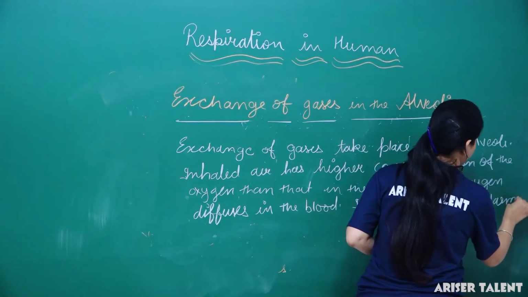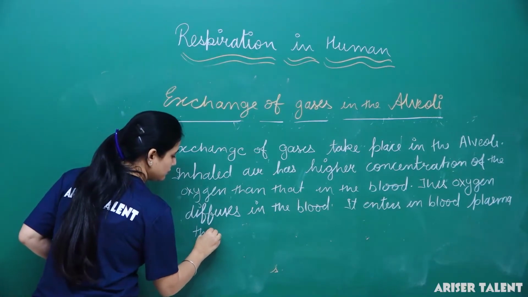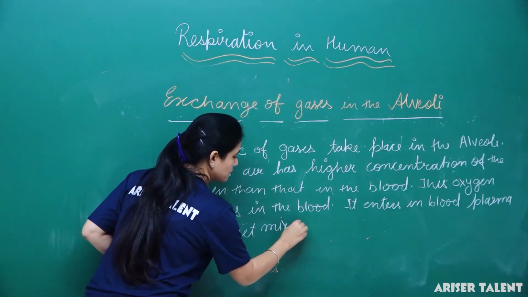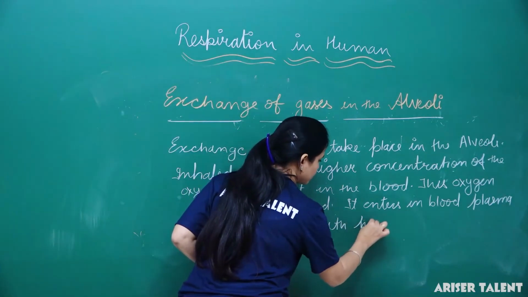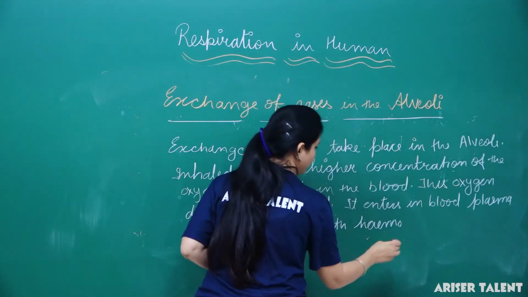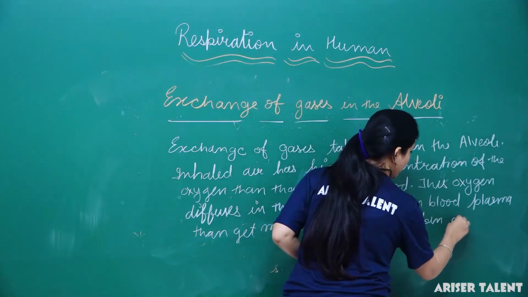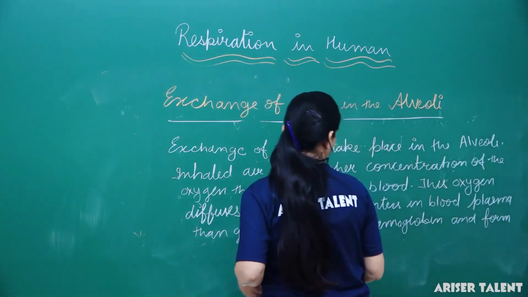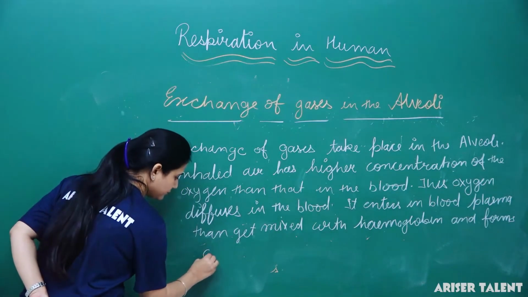First it enters into the blood plasma, then gets mixed with hemoglobin and forms oxyhemoglobin.